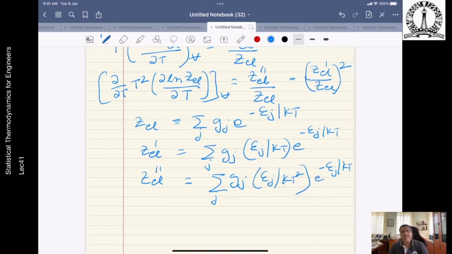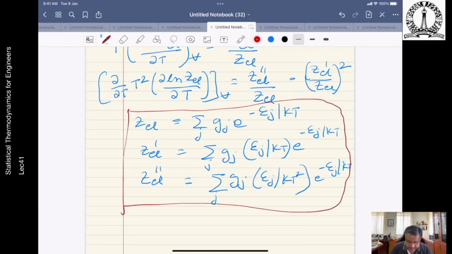So this is a very long, tedious differentiation process, as we can see here. You differentiate it once with respect to T, and then you differentiate it another time, so the second derivative.